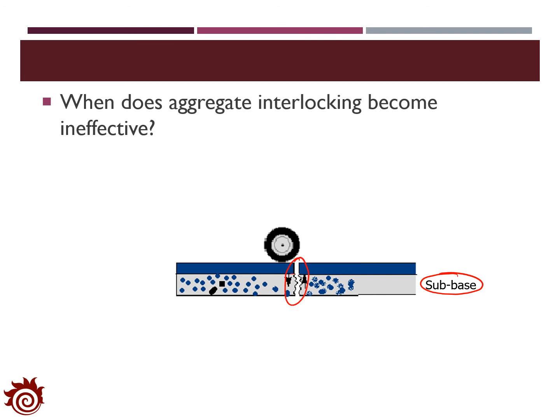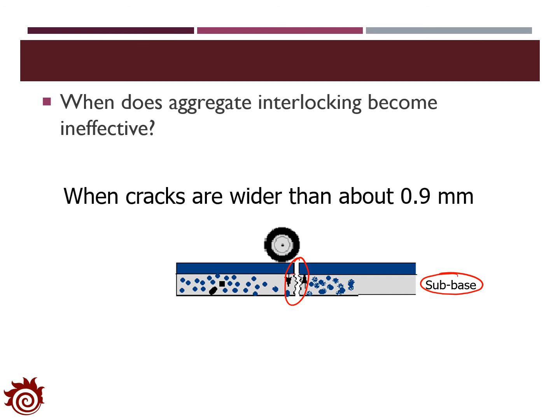So the effect of the aggregate interlocking will be determined by the width of the cracking or the joint. Usually we assume that when the cracks are wider than 0.9 millimeters, we will ignore the aggregate interlocking effect. With that, we can say that the load transfer efficiency will be 0%.